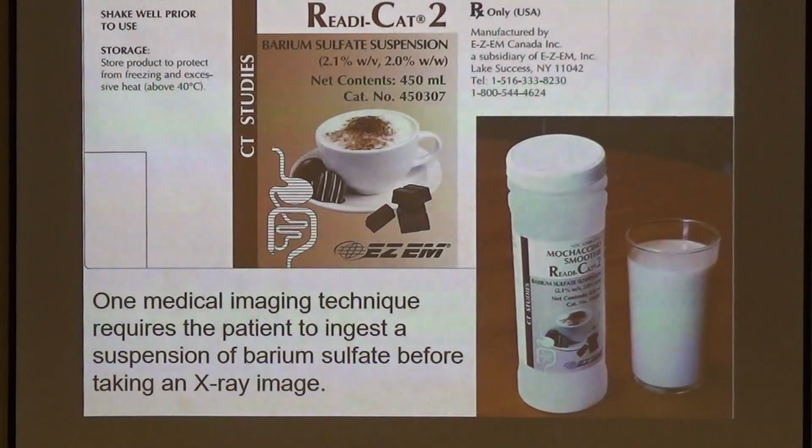So, for example, one medical imaging technique is to give you a suspension of barium sulfate before taking an X-ray. Now, X-rays usually pass through soft tissue. So they are good for taking images of things like bones, your skull, and other hard substances.